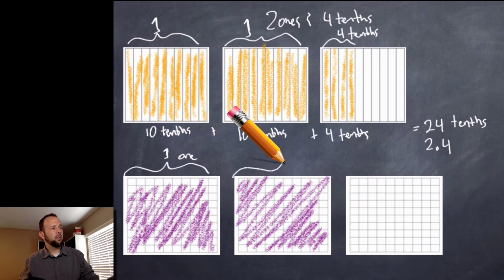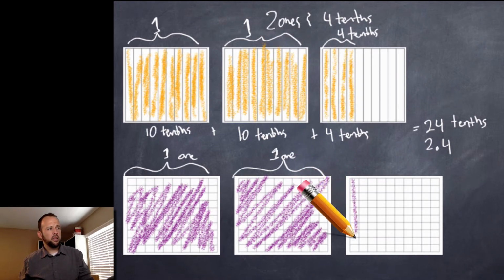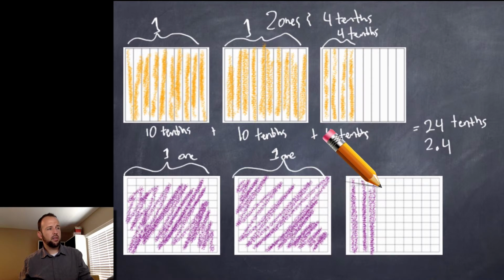That would give me another 1 one. And then over here I have to represent those 4 tenths. Well, 10 hundredths is 1 tenth, 2 tenths, 3 tenths, and 4 tenths. So this is 4 tenths.